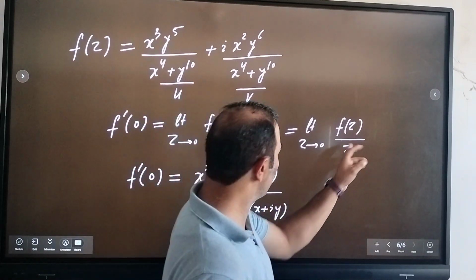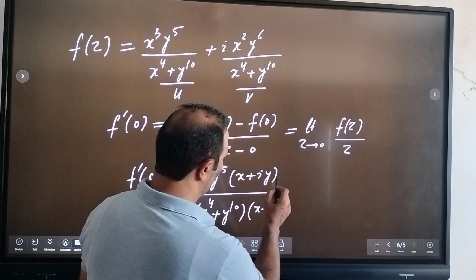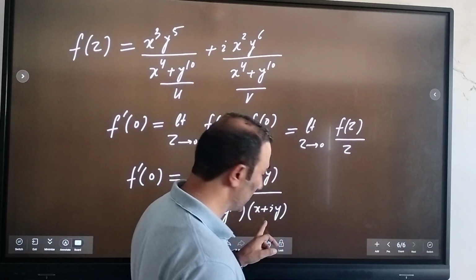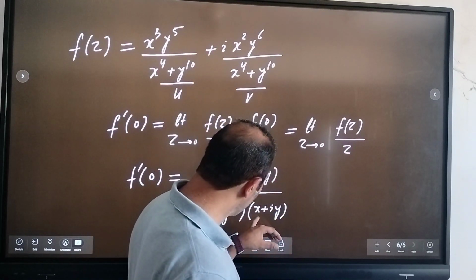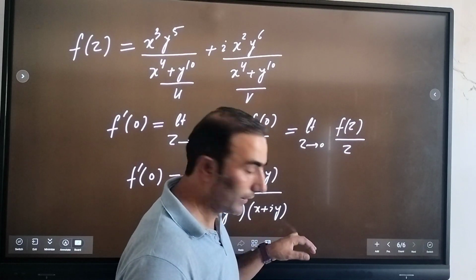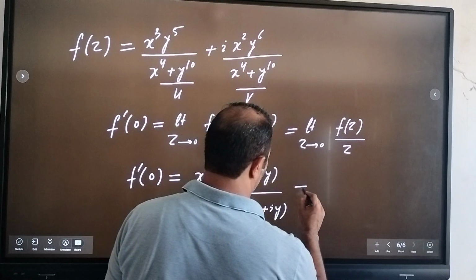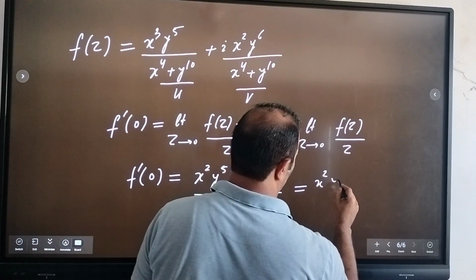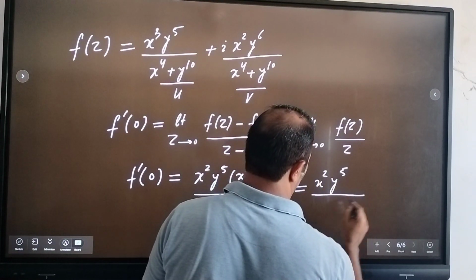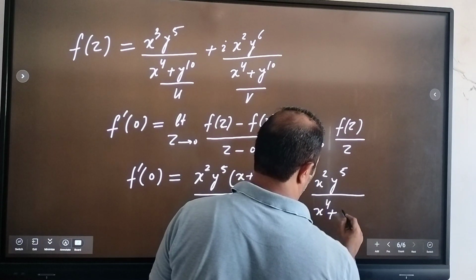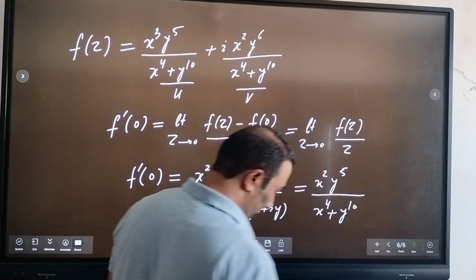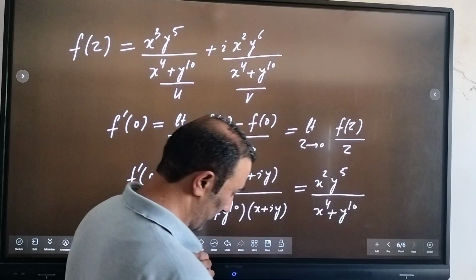Because f of z is our this thing, and z is basically x plus iota y, right? So that's why I multiply here, divide by x plus iota y. And you can see that this term will cancel, and we get here x square y raised to power 5. Okay, so this is our f dash of 0, right?